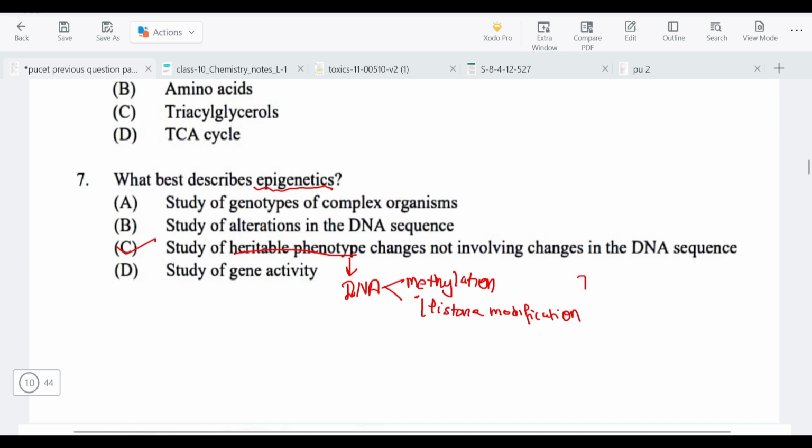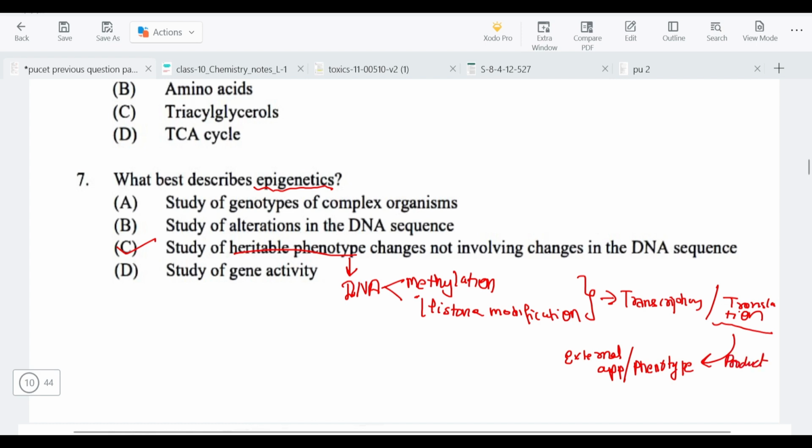And what do these two factors regulate? They regulate transcription and further translation, and our phenotypes. What are phenotypes? Our external appearance. Our external appearance or phenotype is the product of translation.